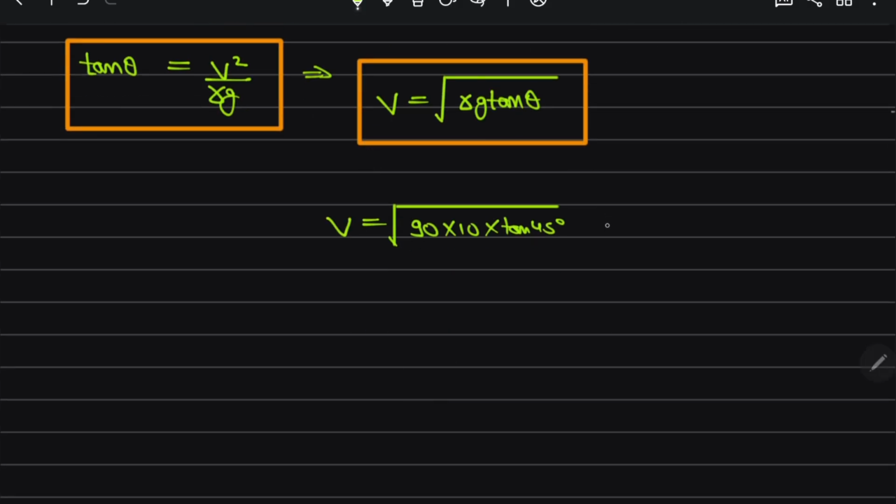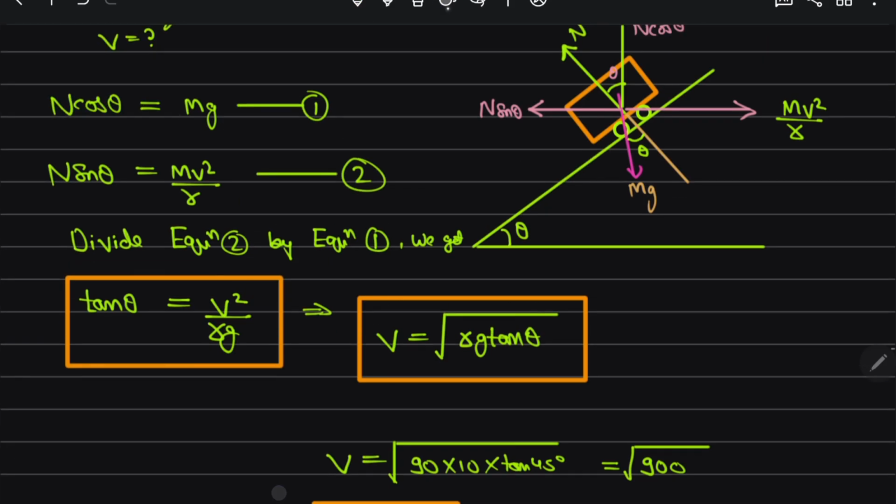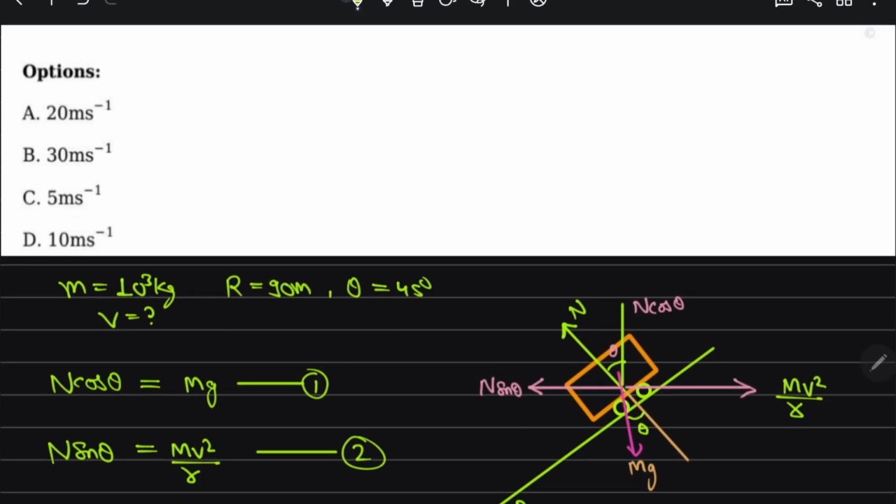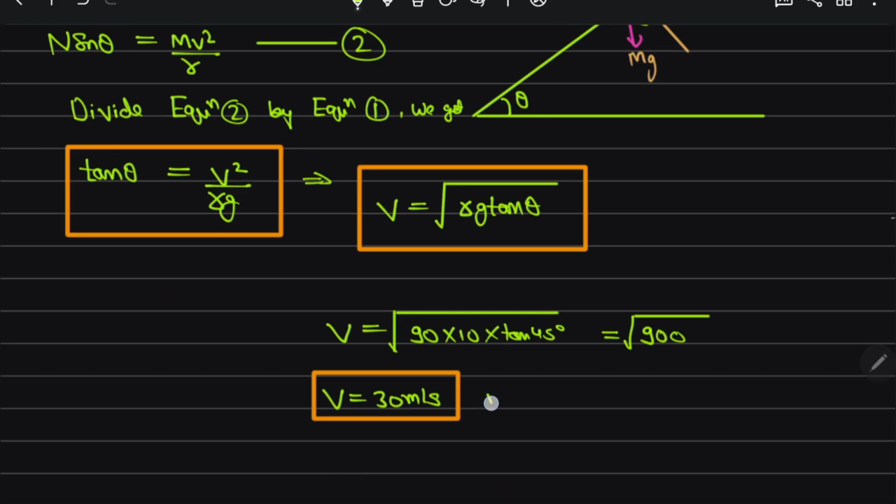We know that tan 45 degrees is 1. So this is root of 900, which comes out to be 30 meter per second. So option B is correct.